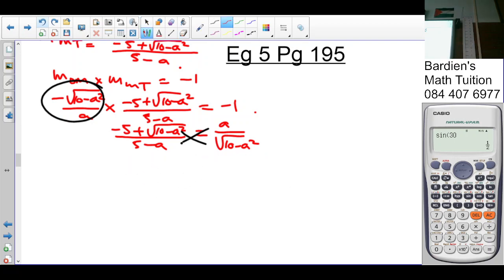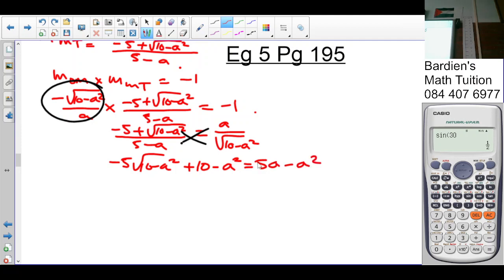But let's cross multiply. So that's going to give you negative 5 root 10 minus a squared plus root 10 minus a squared times root 10 minus a squared, which is 10 minus a squared, is equal to 5a minus a squared.